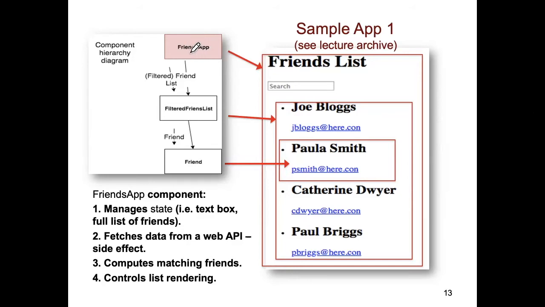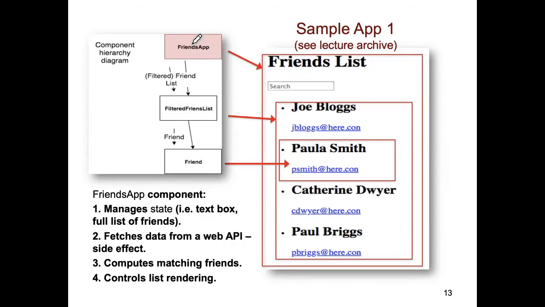And the second state variable is going to store the current contents of the text box. Again, don't worry about how I came up with that decision. All we're interested in now is understanding how the app works. We don't need to worry about how we came up with all these design decisions.